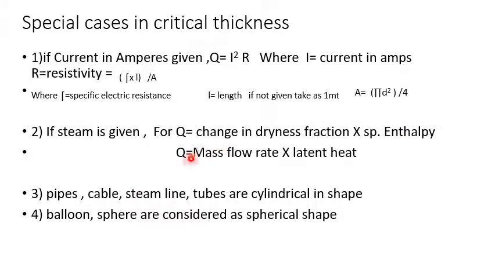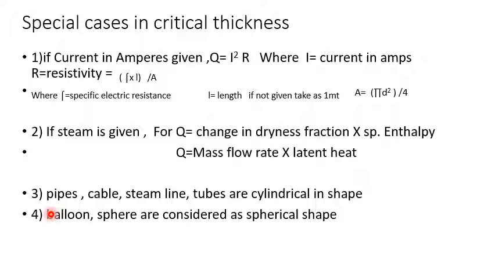Or I can also use Q is equal to mass flow rate into latent heat. So mass flow rate is m dot, that is with respect to time, and latent heat is given as hfg. Next one is we are using the derivations.